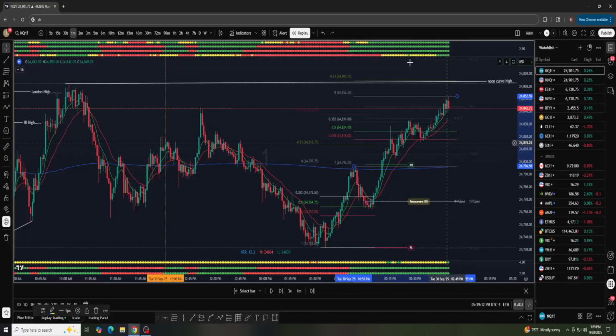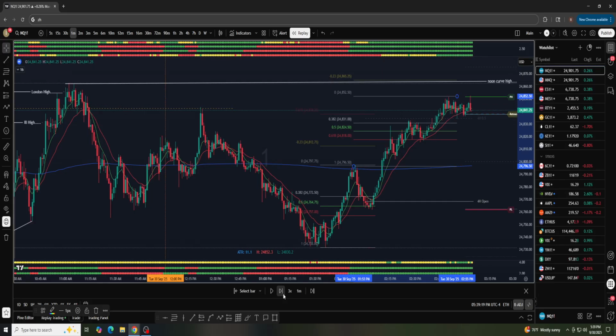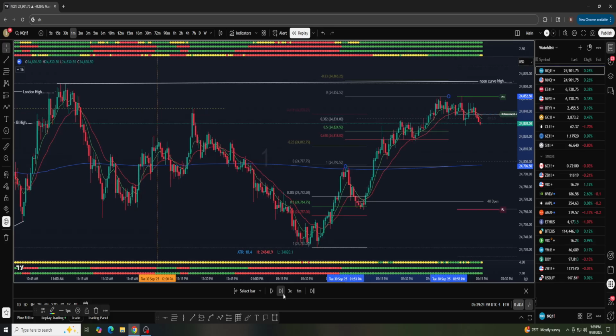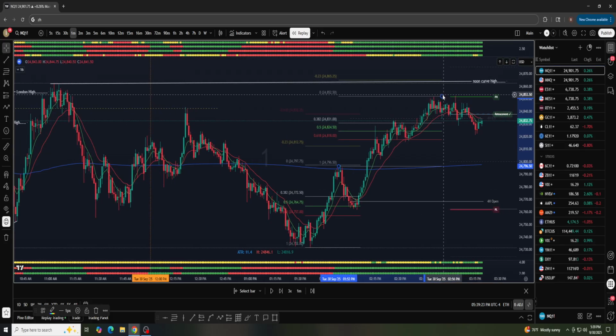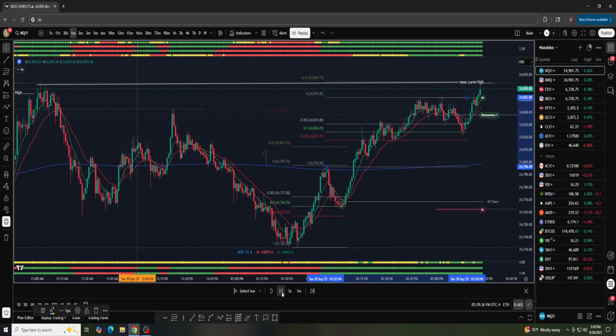So in this, we got a green dot here in the direction of the noon curve high. You can see right here, we reject the extension fib, and then again, another green dot. And again, the NQ stats are informing the noon curve high as the drawn liquidity.